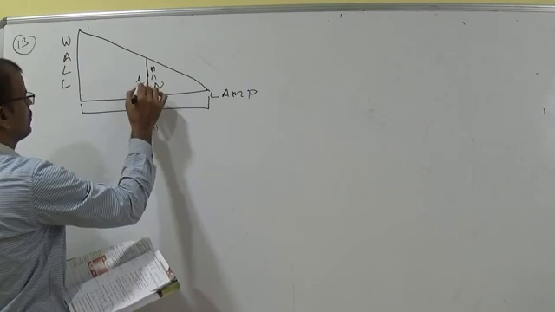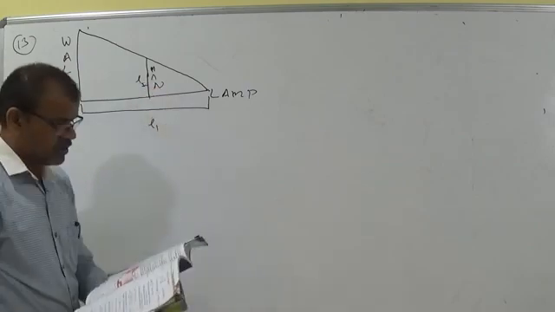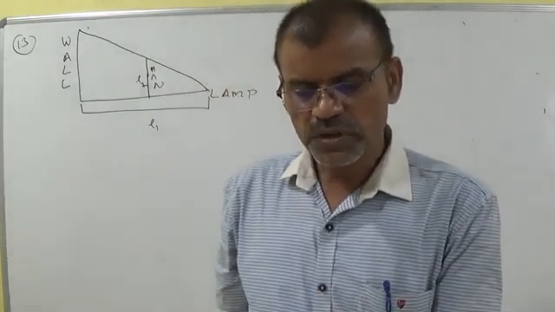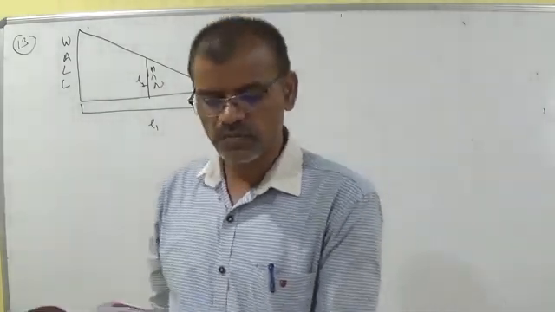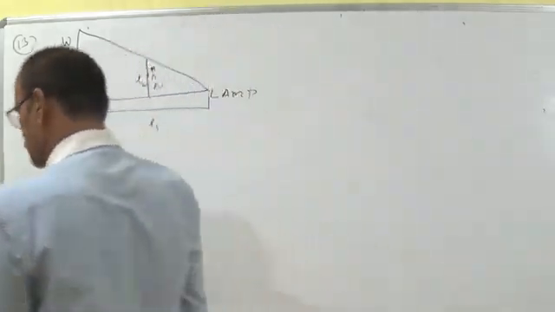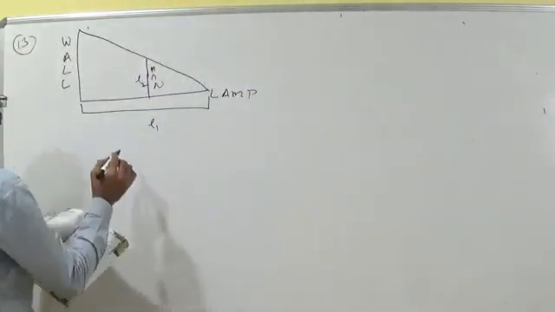A man whose height is L2. A man L2 meter tall walking speed of L1 by 10 meter per second from the lamp to nearest point on the wall. Then he is midway between lamp and the wall.